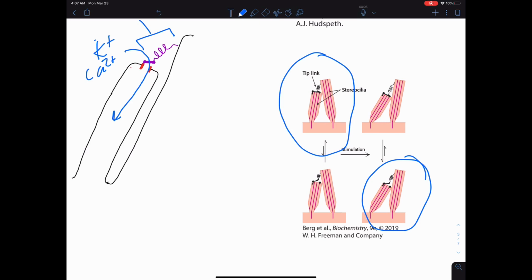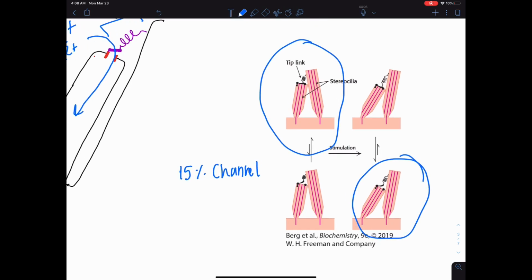The truth is that about 15% of the channels are open at any given time, even if they're standing straight up. I just wanted to highlight this in case you look at what your book says.